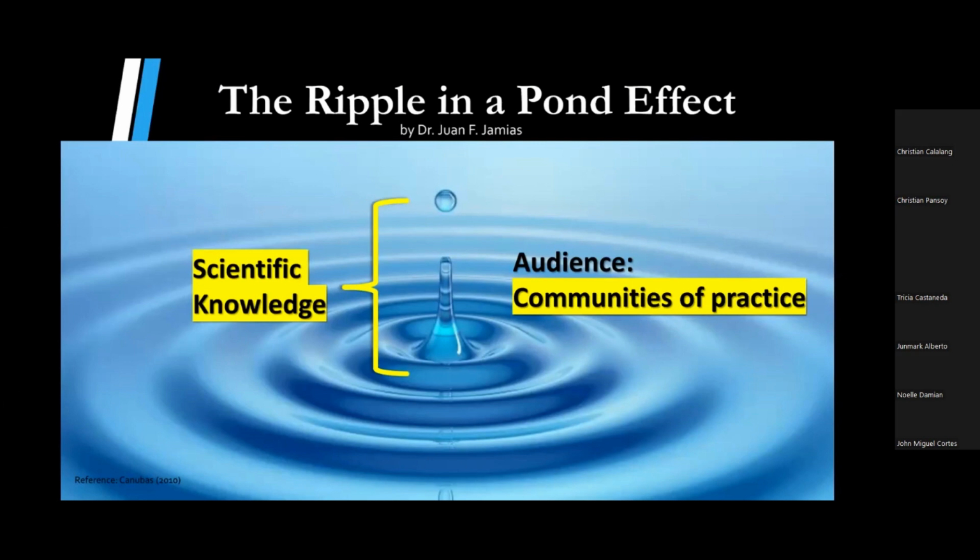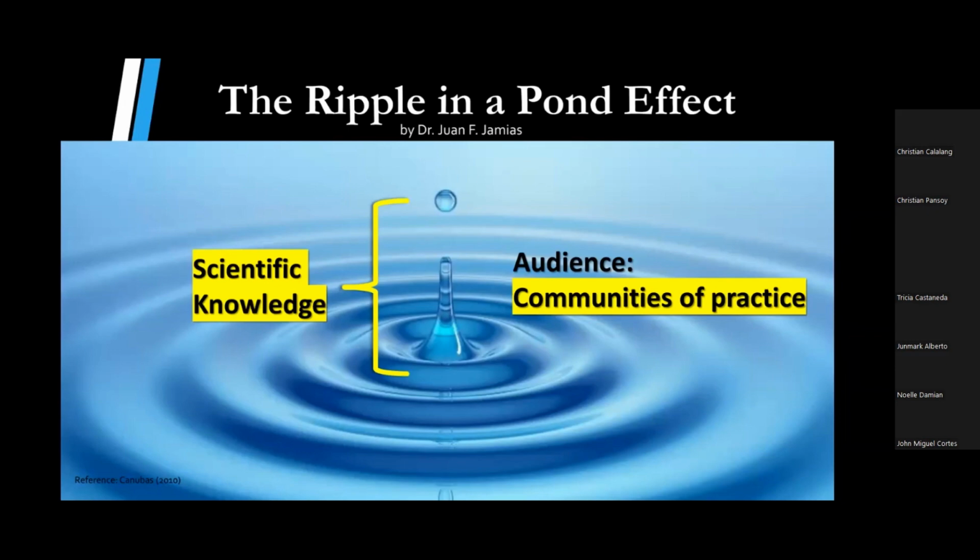This is a type of knowledge that are only known and understood by a specific group of people called communities of practice.